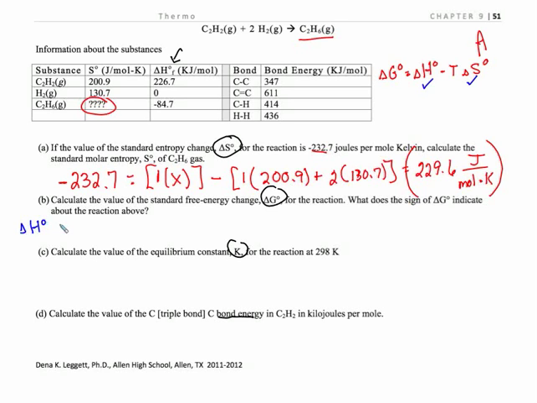So I first have to calculate delta H naught for the reaction, which is going to be 1 times again the C2H6, which is a minus 84.7. Now, remember, we're in the world of kilojoules now at this point, minus 1 times my C2H2, which is 226.7.